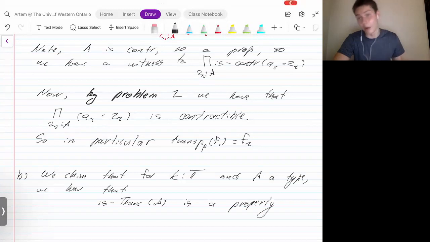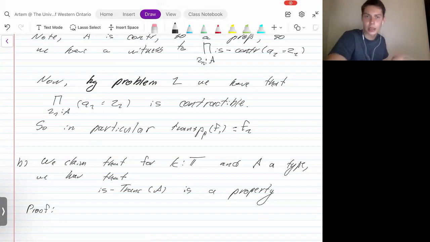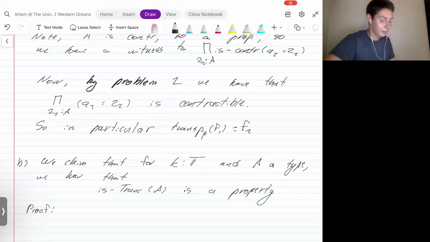So it's a yes or no answer. Okay, so proof. Here it might be tricky when you want to formalize this in a theorem prover. You might want to put K before assuming A is a type so that the induction will go smoothly.